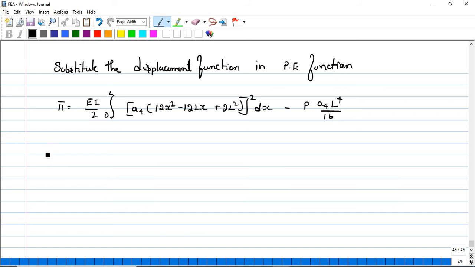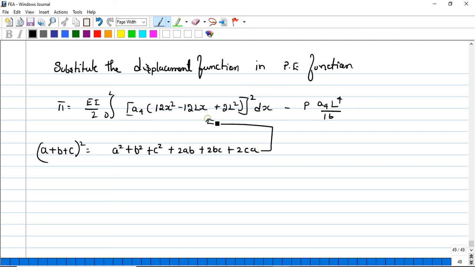Now I hope you know the formula of A plus B plus C whole square, that is A square plus B square plus C square plus 2AB plus 2BC plus 2CA. So use this formula and expand this particular function, that is 12x square minus 12lx plus 2l square. You consider this as A, B as minus 12lx and C as 2l square.